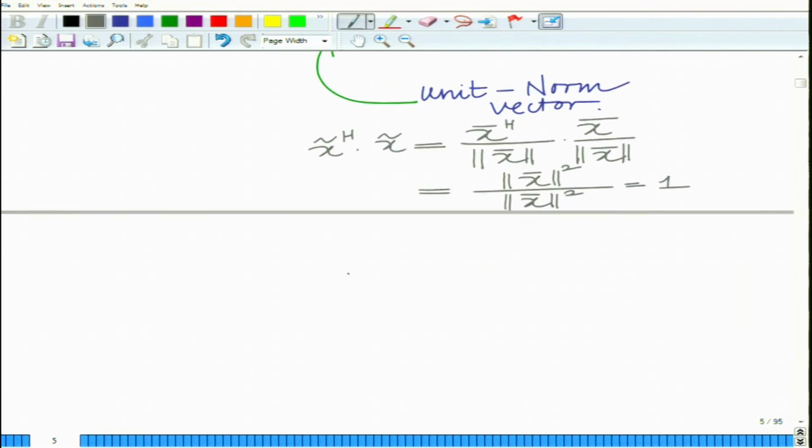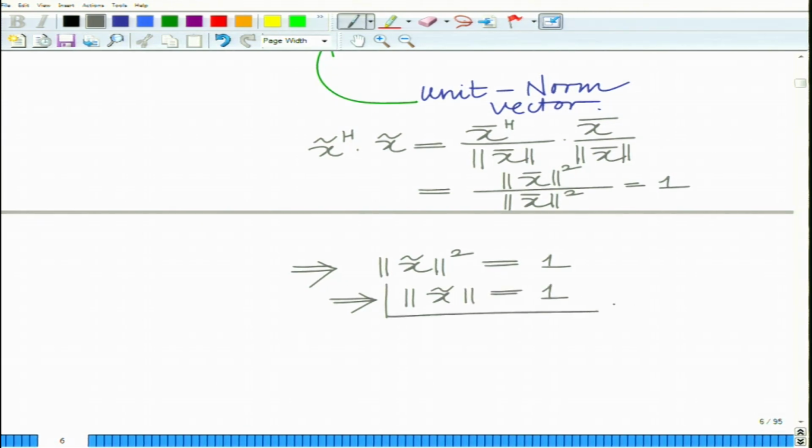So, this implies x tilde Hermitian x tilde, which is nothing but norm x tilde square, equals 1, which implies the norm of x tilde equals 1. So, x tilde is a unit norm vector in the direction of x bar.